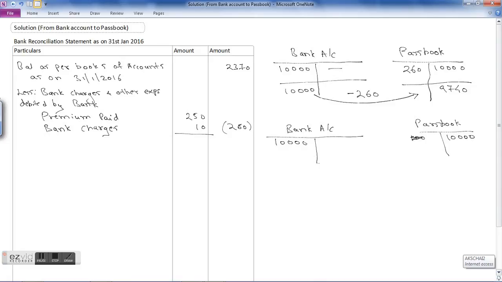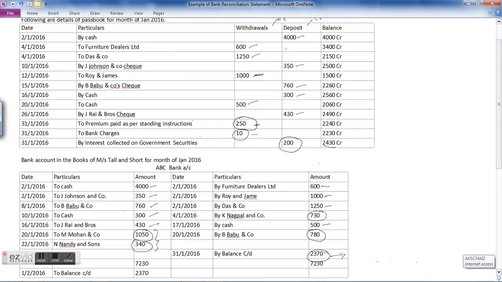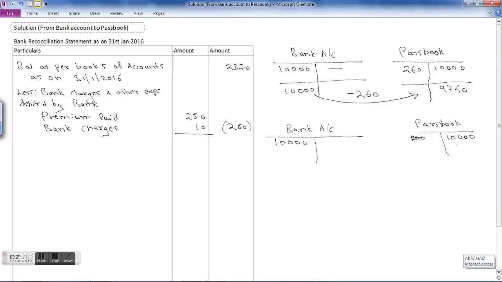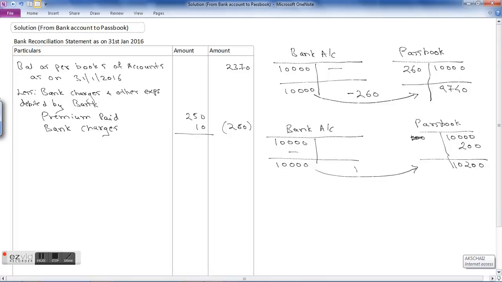Okay, now what has happened is, 200 has been credited to your passbook. So on the credit side of passbook, that's 200, and bank account side there is no entry, so as per the books balance is 10,000, whereas as per passbook it's 10,200.